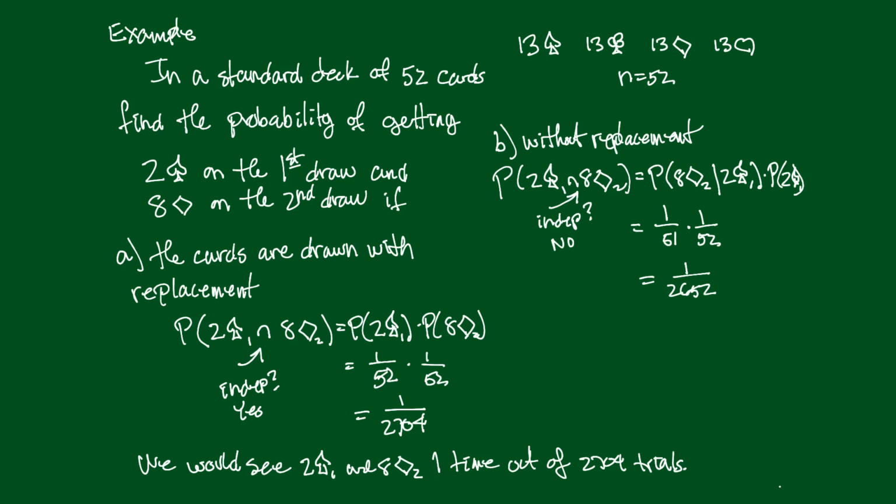So just to push things a little further, what would you say to somebody you don't know who comes up to you and says, I just did this experiment where I picked 2 cards in succession without replacement, and I got a 2 of spades on the first draw, an 8 of diamonds on the second draw, and that happened to me 50 times.